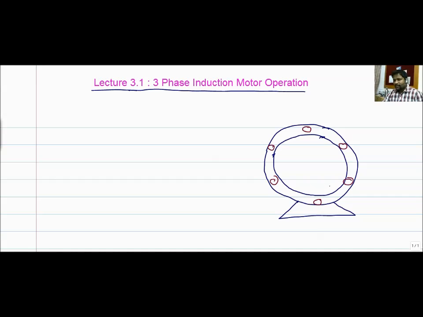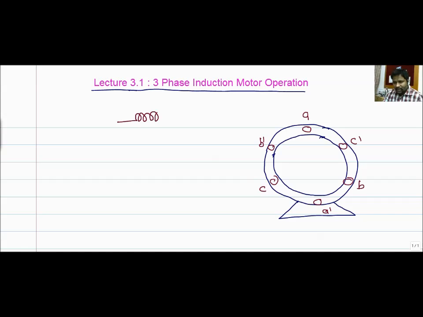These circles basically represent the three-phase winding. Let us suppose this is A, this is A dash, this is B dash, this is C, and this is C dash. A dash, B dash, and C dash basically represent the phases.